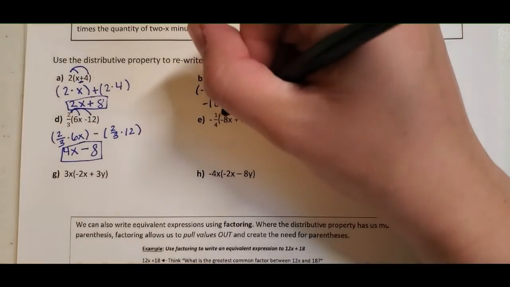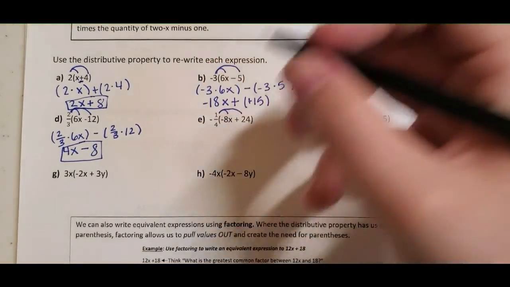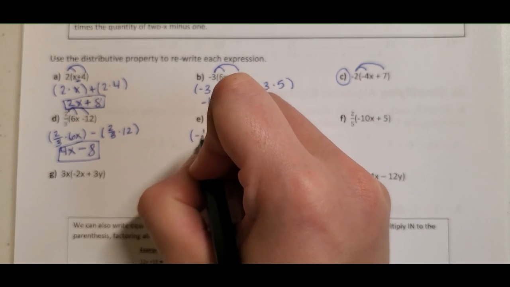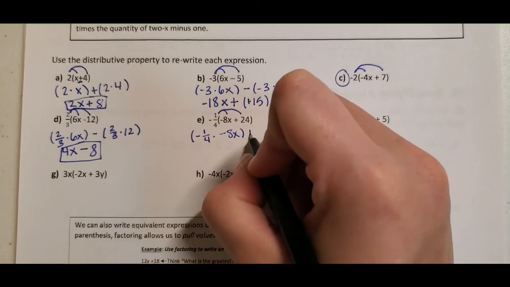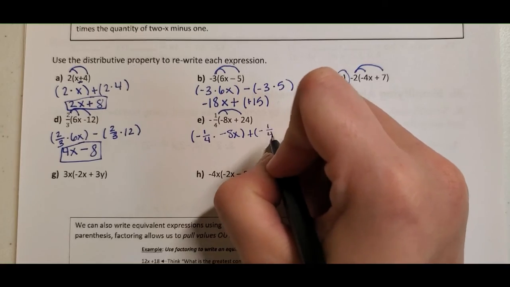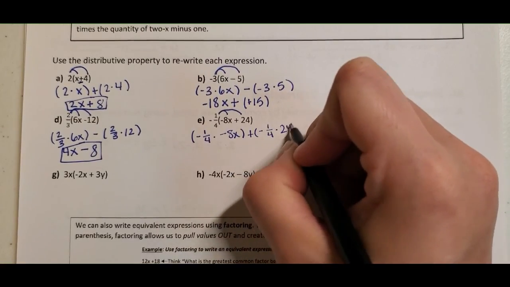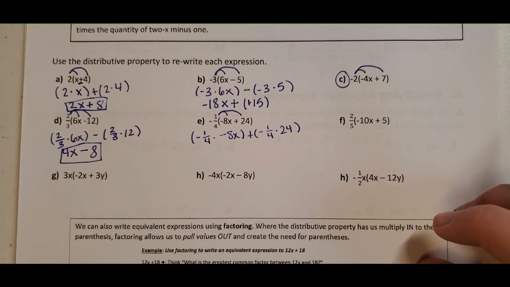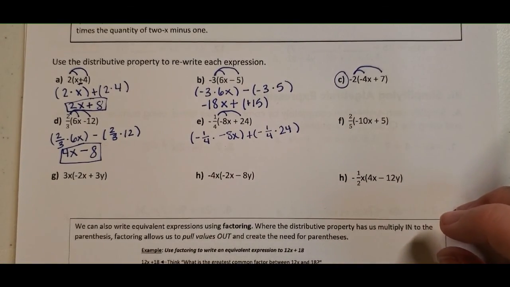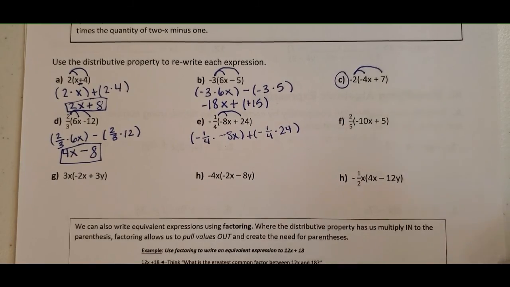E, distribute the negative 1/4. So I would have negative 1/4 times negative 8x plus negative 1/4 times 24. So 8 times 1 is 8. 8 divided by 4 is 2. And 2 negatives multiply make a positive.